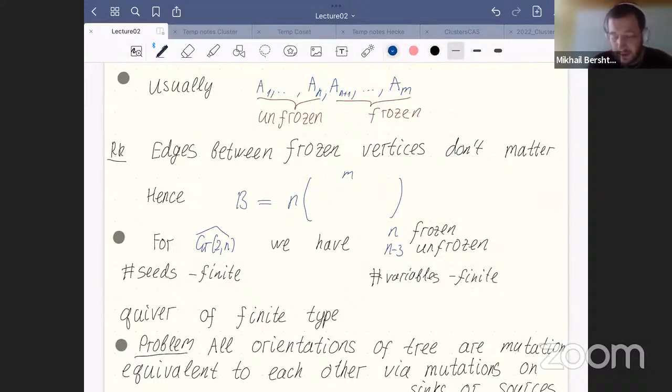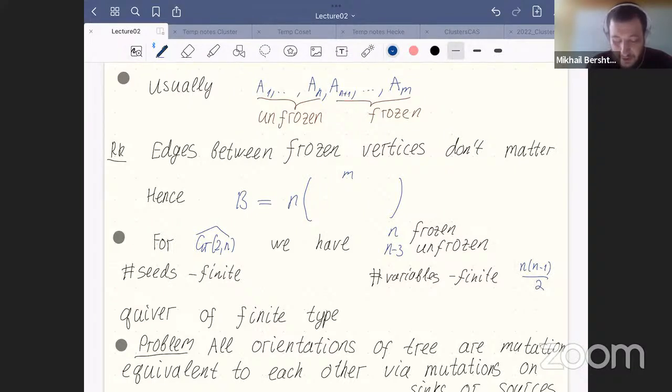Of course, in this case we can say more than just that something is finite. We can compute the number of variables: it is the number of sides and diagonals of the n-gon. So it will be n times n minus 1 over 2.